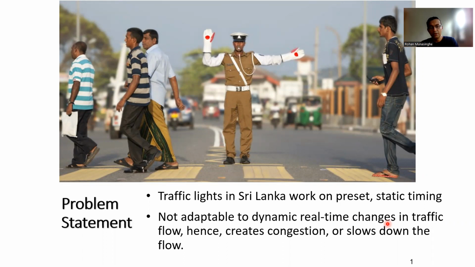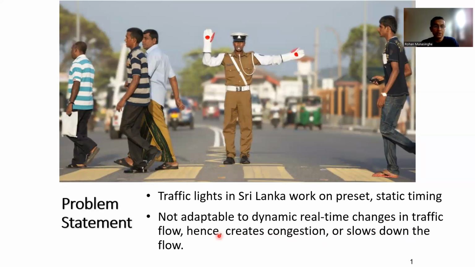Because this can become very inappropriate given the circumstances on the road, very different from your collected data in the past, it can actually lead to traffic jamming. So it creates congestion and slows down the flow.